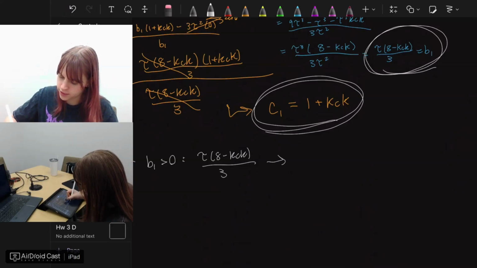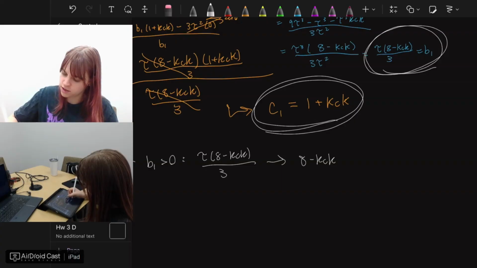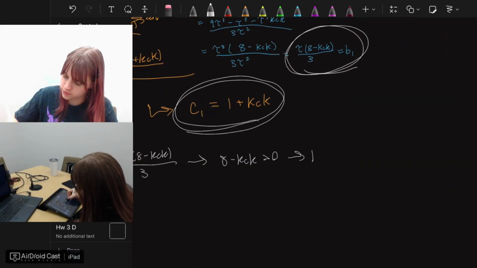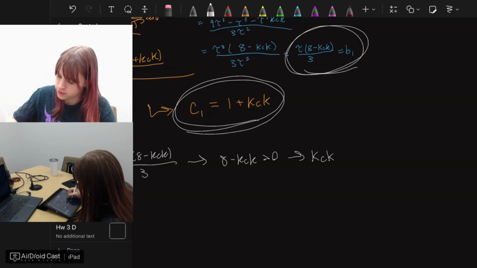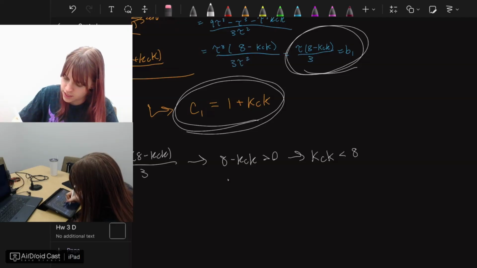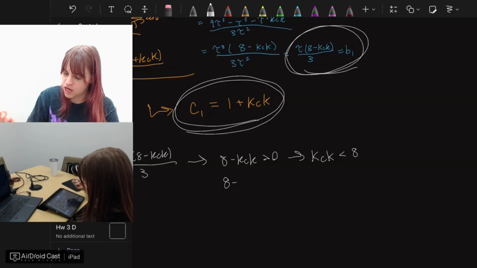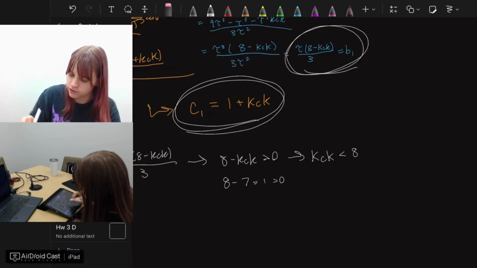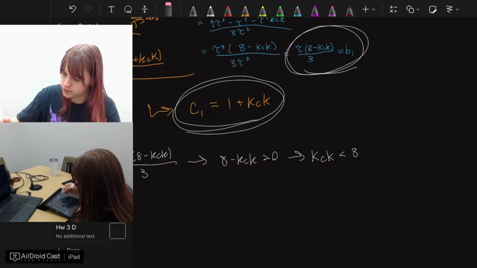Our root we're looking at is 8 minus KcK. This needs to be greater than 0, and we end up with KcK needs to be less than 8 because we have an 8 minus KcK. If KcK was 7, that would be 1, which is greater than 0. So that checks out right there.